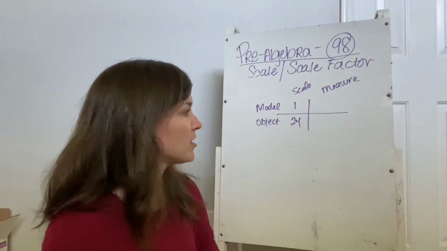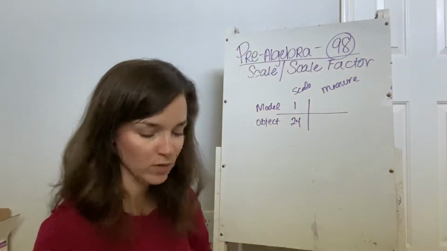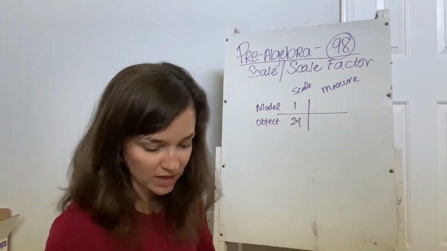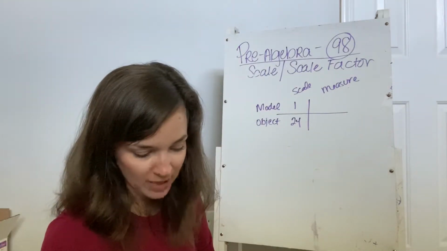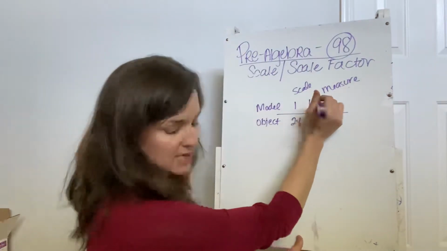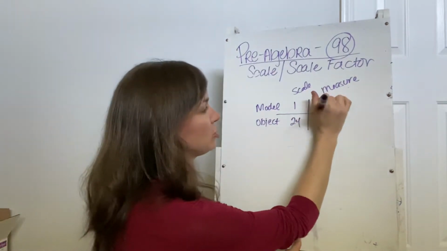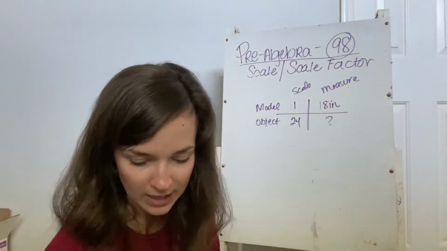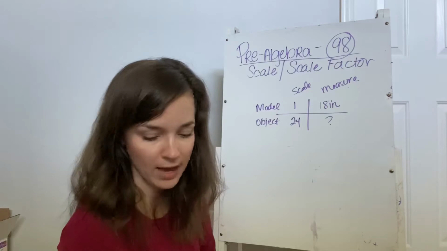So we'll set it up as 1 to 24, and they'll always mention it respectively, so you'll be able to tell. Then they give us an actual measurement of the model, saying that that is 18 inches. So we want to know how long the object itself is, okay?